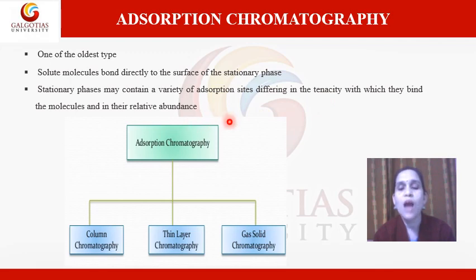That means how long the stationary phase will bind the solutes, what is the affinity of the stationary phase towards the solute or component. Adsorption chromatography is of three different varieties: column chromatography, thin layer chromatography, and gas solid chromatography.